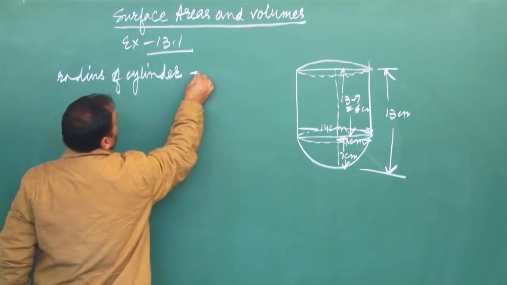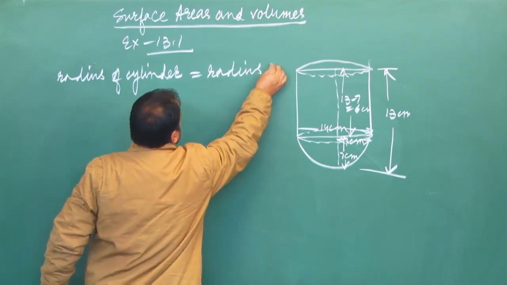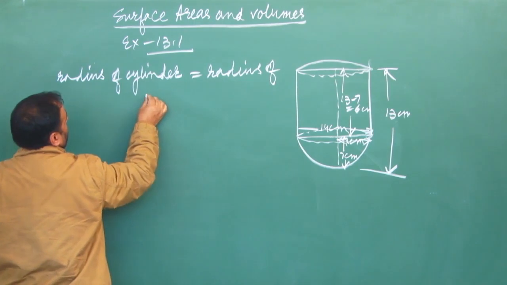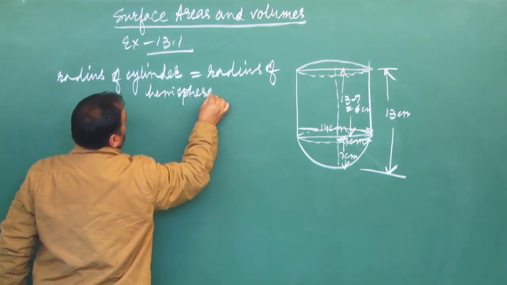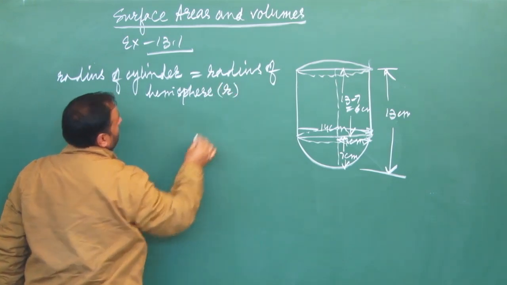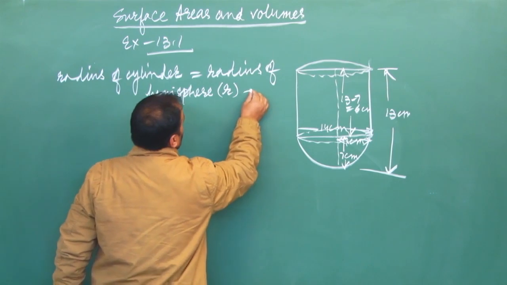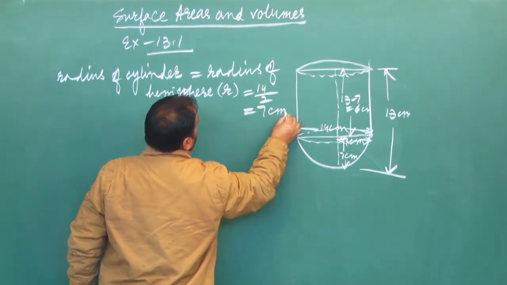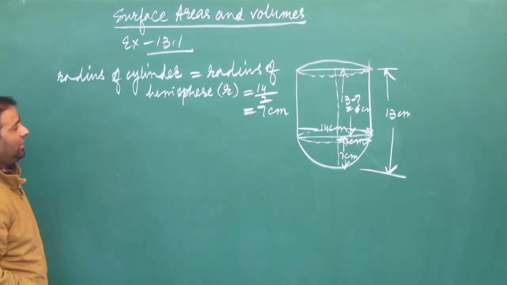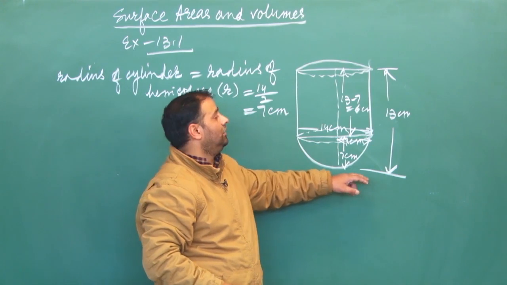will be equal to radius of hemisphere, and for both the radii we denote it by small r and write it as 14 divided by 2, that is 7 centimeter. Now the height of the vessel is 13 centimeter.